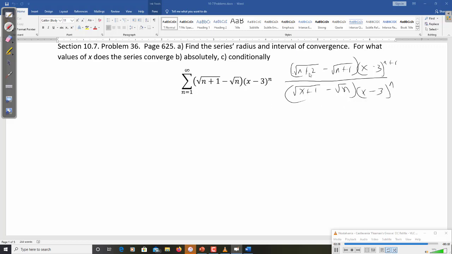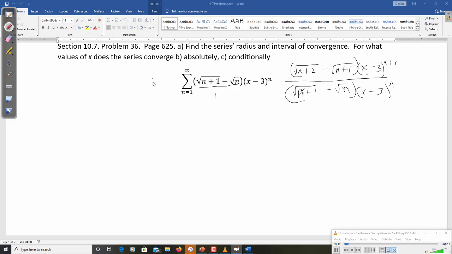I think I really ought to do a little work with this first, because I think it'll be easier if I do some simplification work on this first.